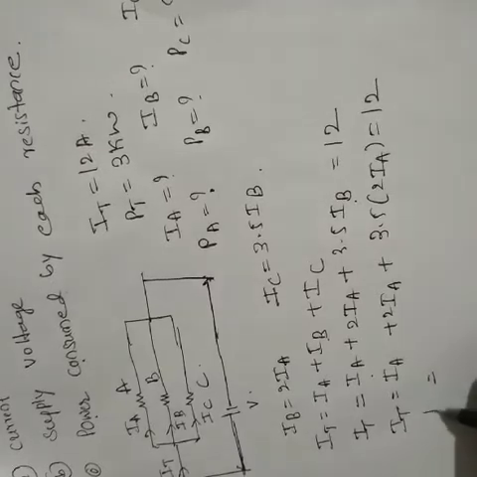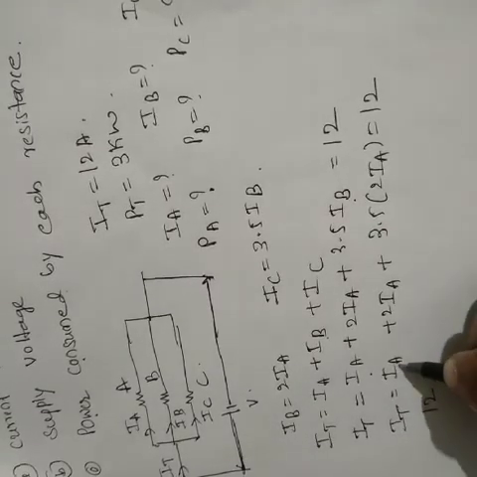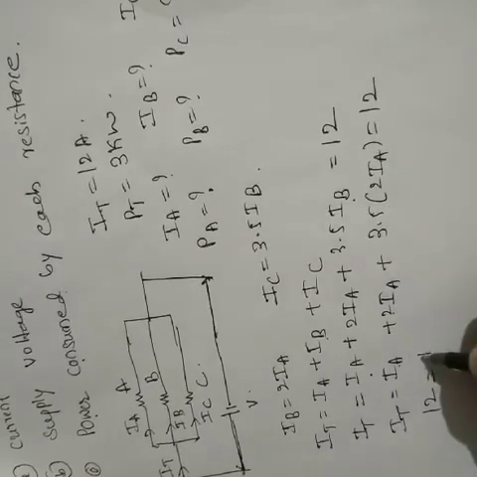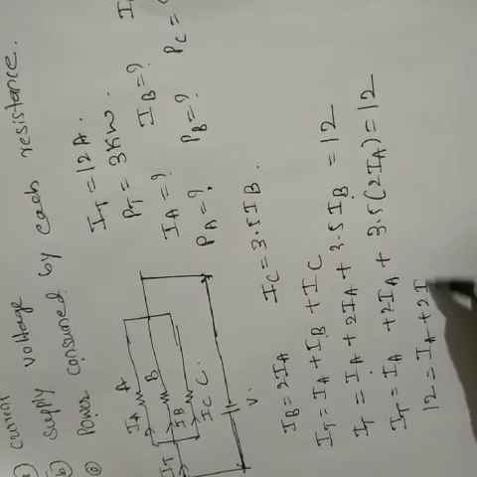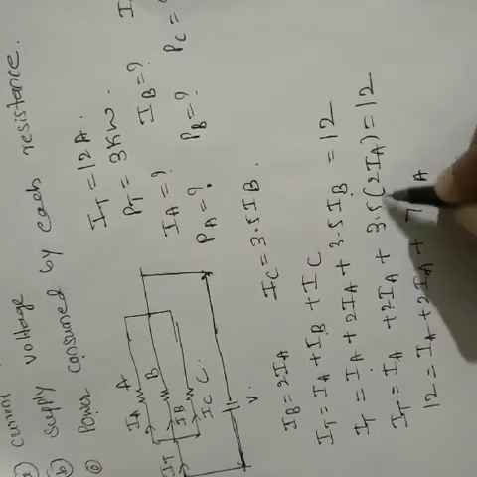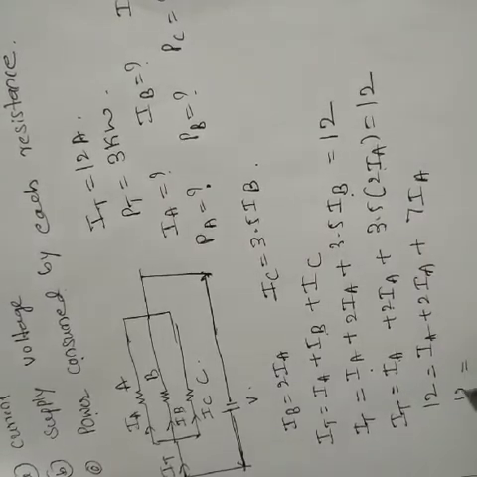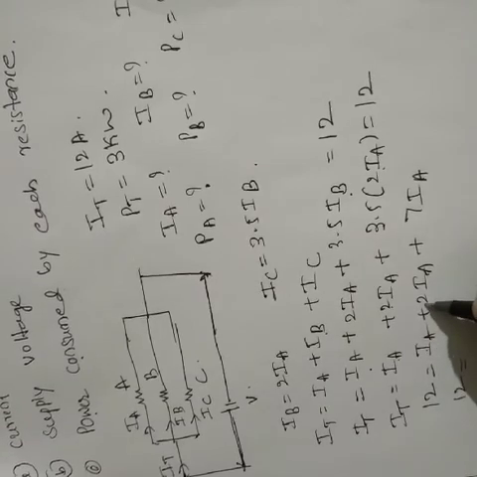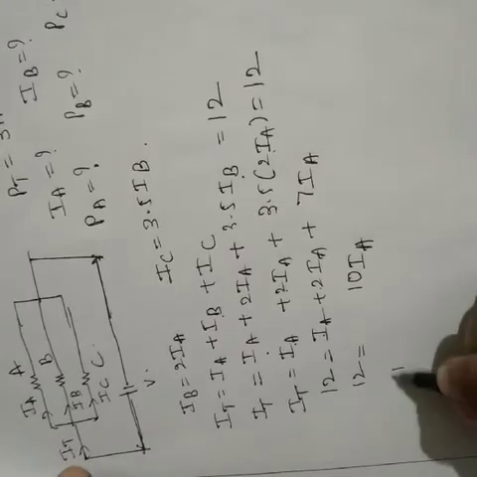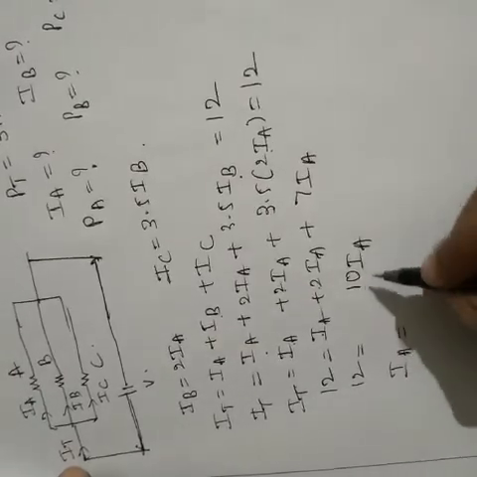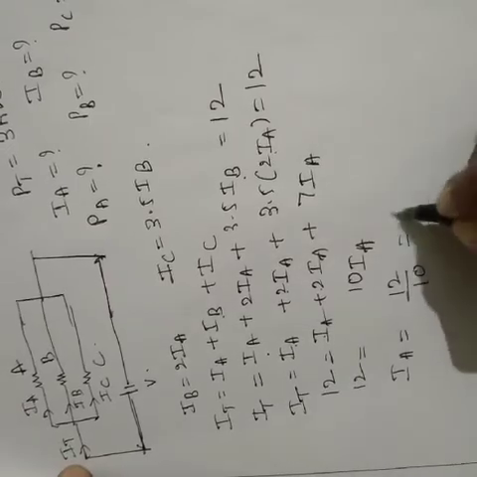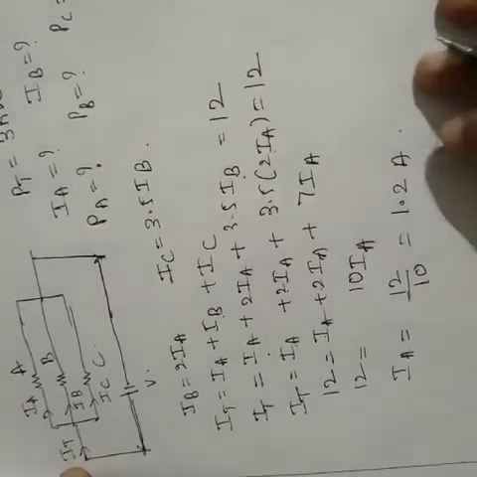Therefore, 12 is equal to IA plus 2IA plus 7IA, multiplying 3.5 into 2. So 12 equals 1 plus 2, 3, 3 plus 7, 10 IA. Therefore, the branch current for A resistance is 12 divided by 10, which is 1.2 ampere.